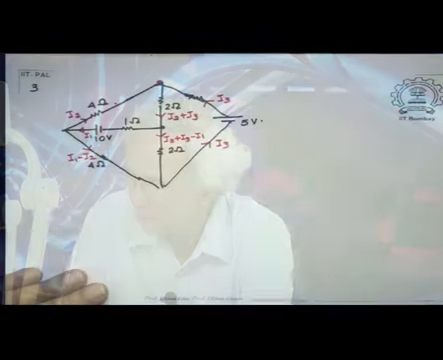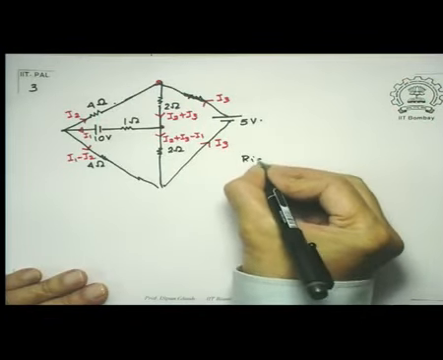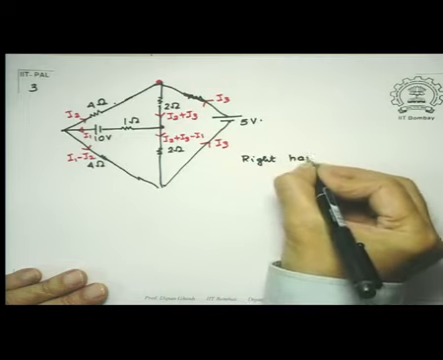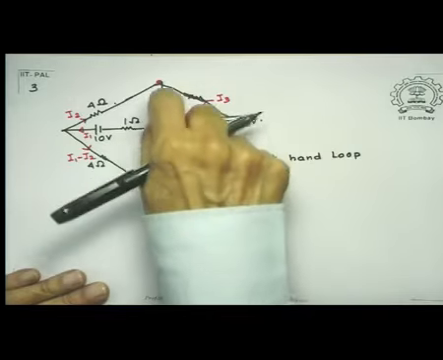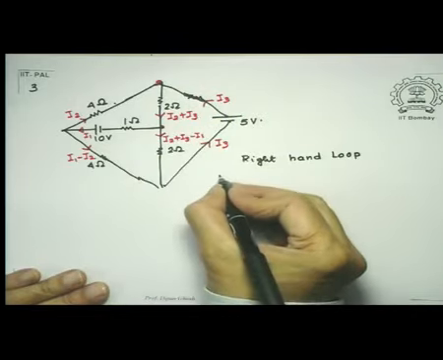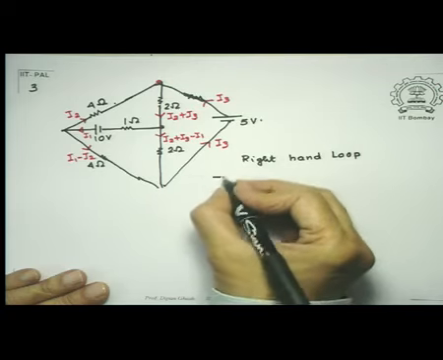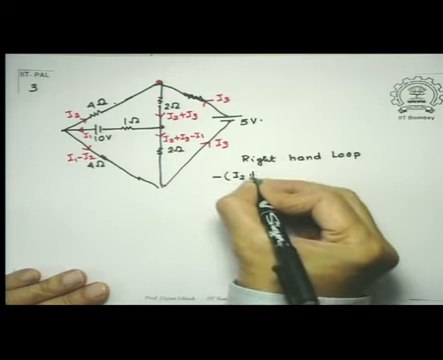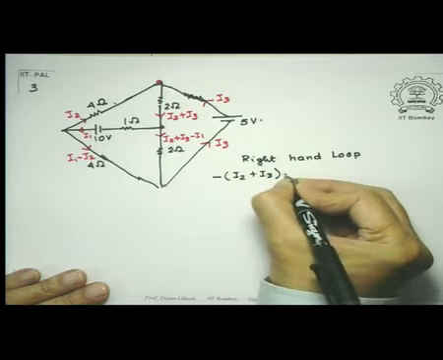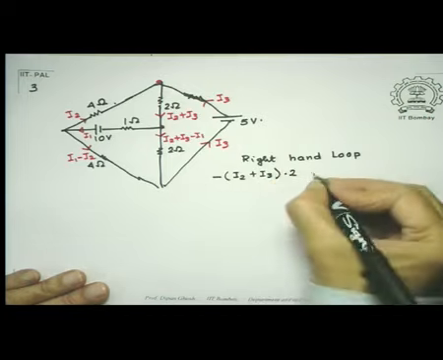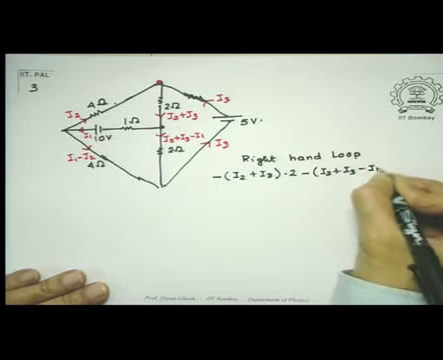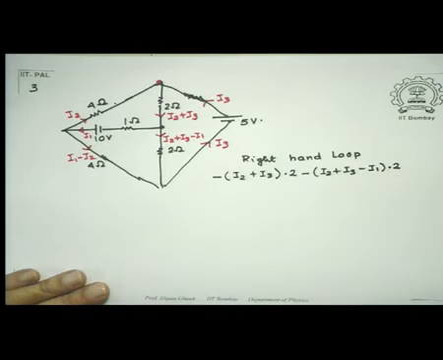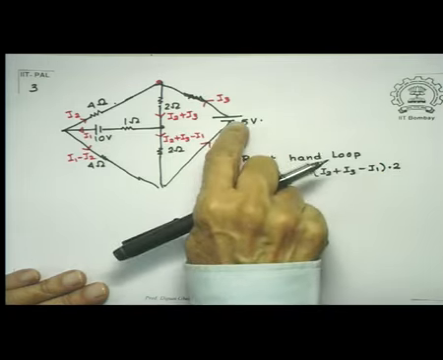So let me look at the first, the right hand side loop. So right loop. You have to simply go like this. So minus, because I am going in the direction of current, I2 plus I3 into 2, that is the resistance, minus again I2 plus I3 minus I1 into 2, and I am climbing up the potential hill.